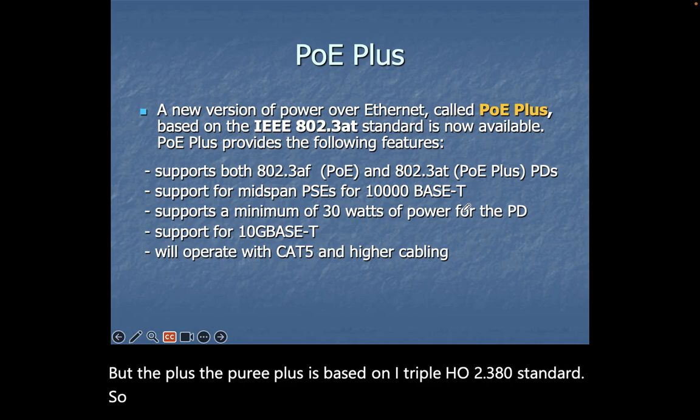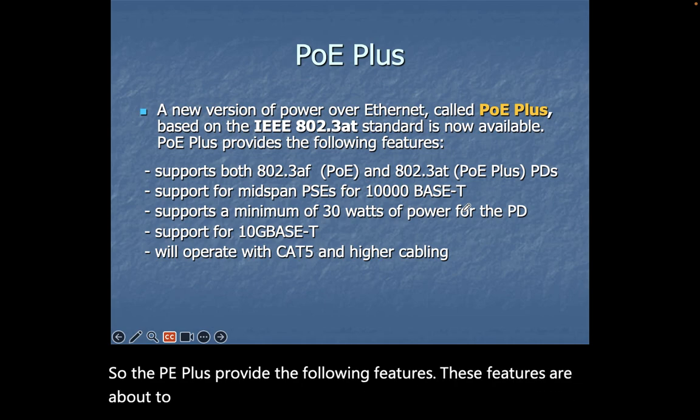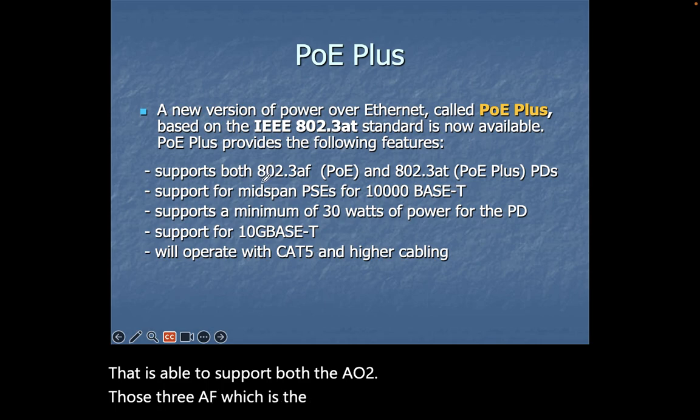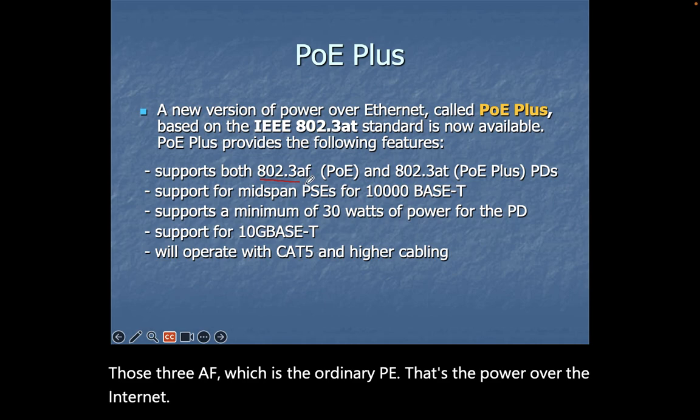So the PoE plus provides the following features. These are the features we are about to itemize. Number one feature that the PoE plus has is that it's able to support the 802.3af, which is the ordinary PoE, the Power over Ethernet.